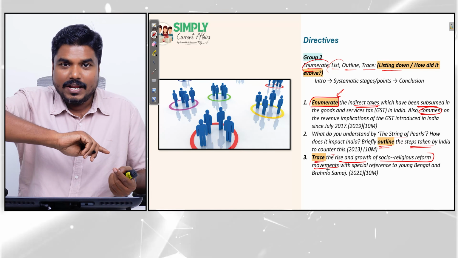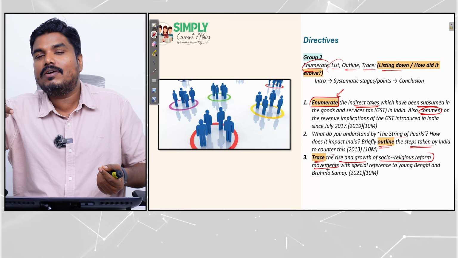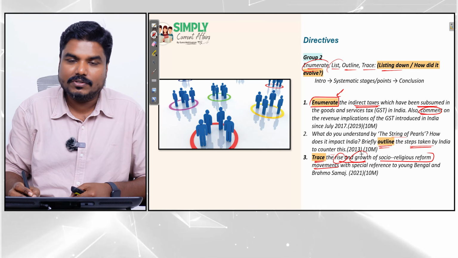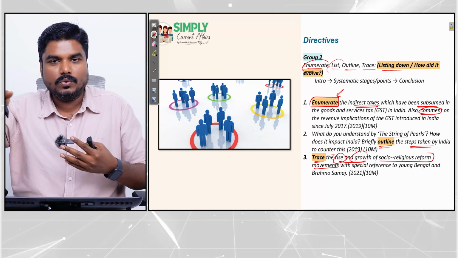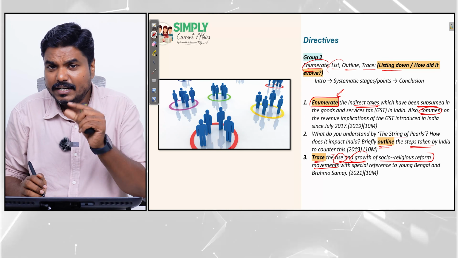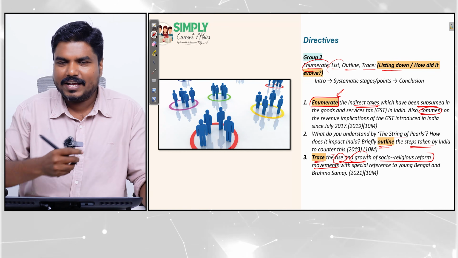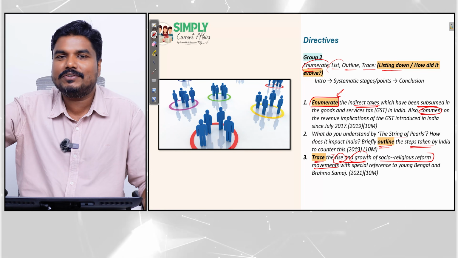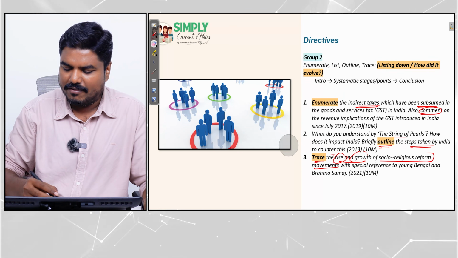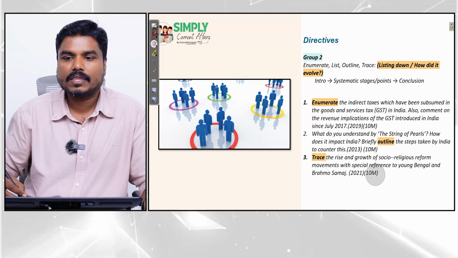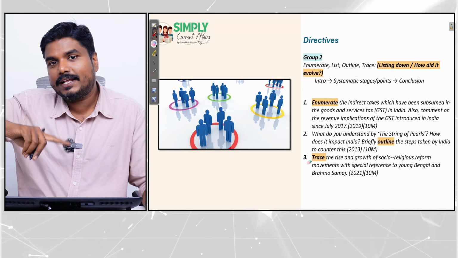Trace, you are going to list down how it evolved. The rise and growth from scratch, how it rose, how did it grow? This is what you are going to write in the trace part. So trace is also a kind of listing down the evolution path. So enumerate, list, outline, trace, everything boils down to listing down or how it evolved.